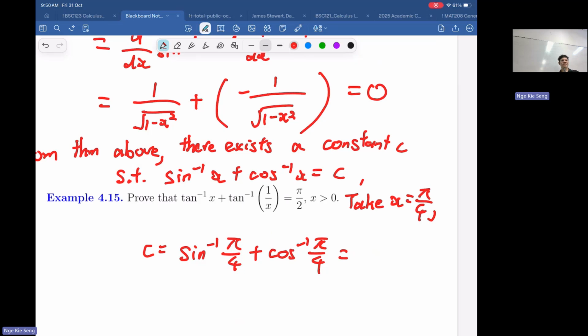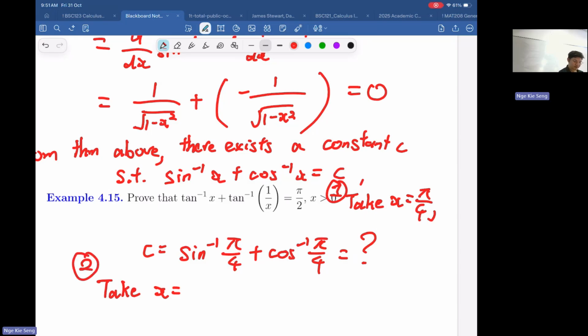Is it easy to compute this thing? Maybe you can do this computation, but I think it's quite hard. Okay, let's take an easier one. Take x equals 0. This is the first choice.